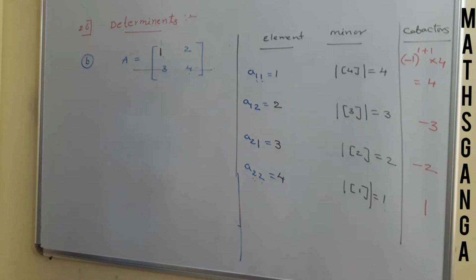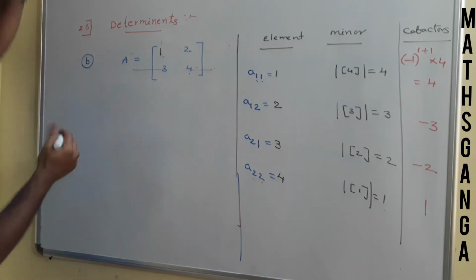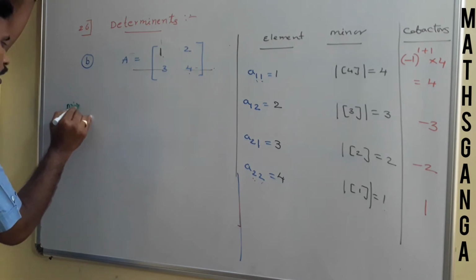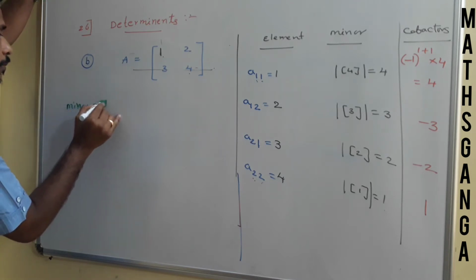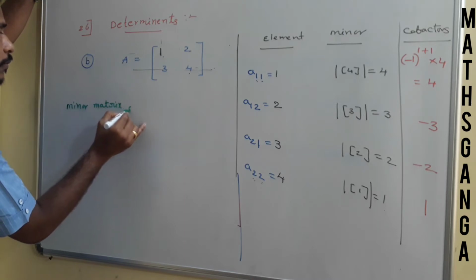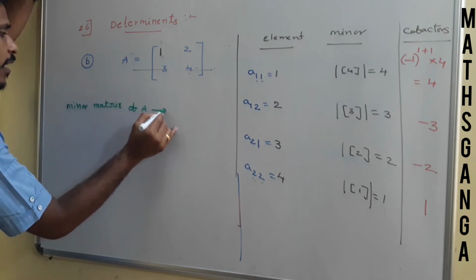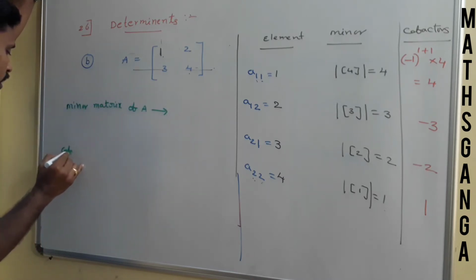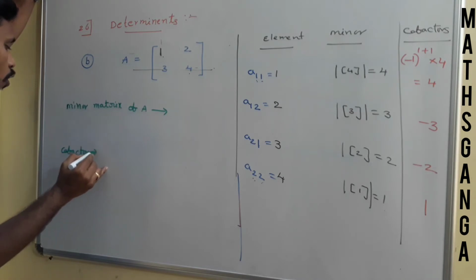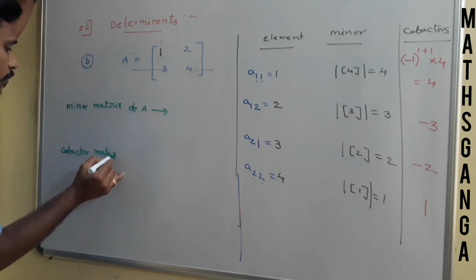Okay, for example, this is the given matrix, right? If anybody asks you the minor matrix of A, first of all I will give you that minor matrix of A. What is the minor matrix of A? And the next thing is, what is the cofactor matrix of A?